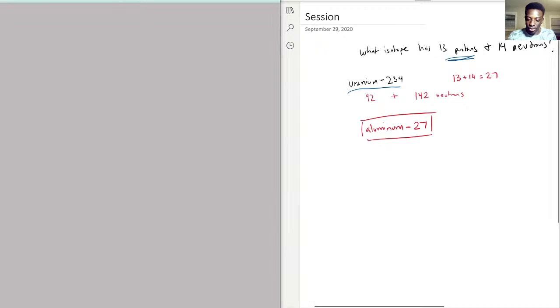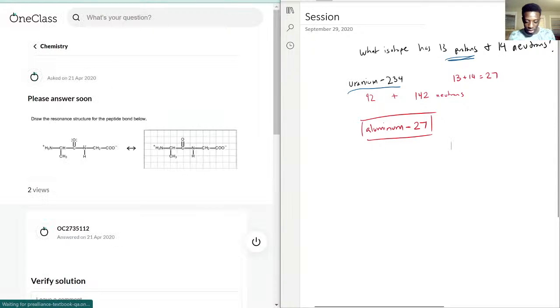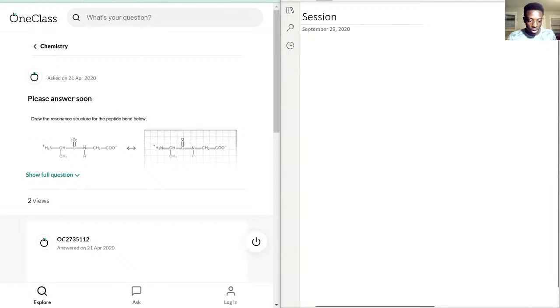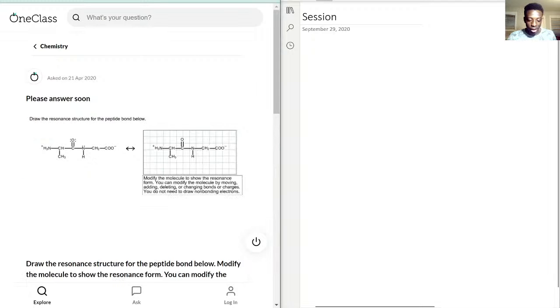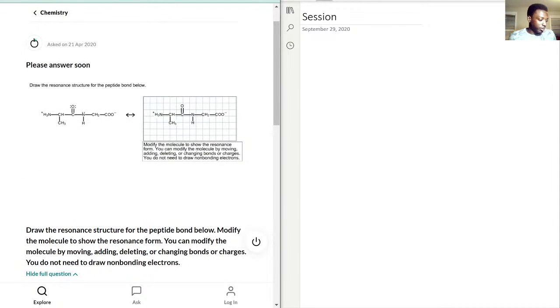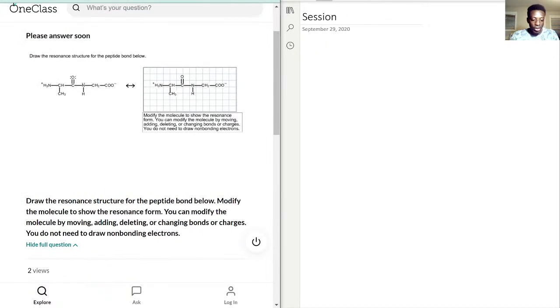Alright, so that question served as a little breather as well, because we're on to now some more complicated stuff. So we have this question here. There's a resonance structure for the peptide bond below that we want to be able to draw. So they give us this peptide bond here.